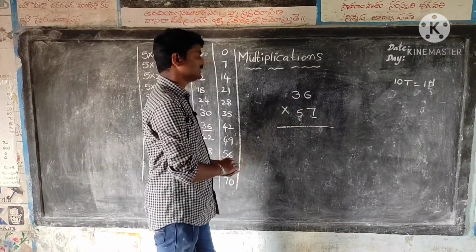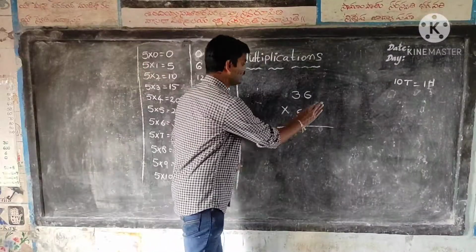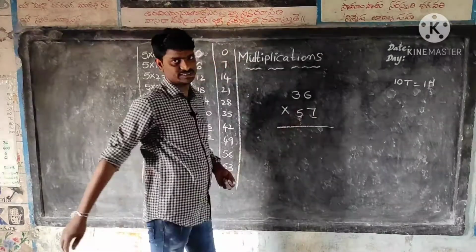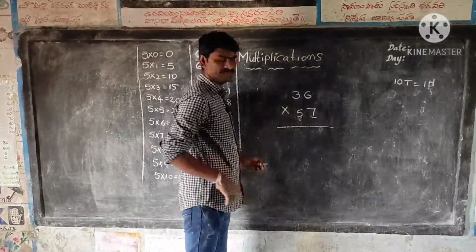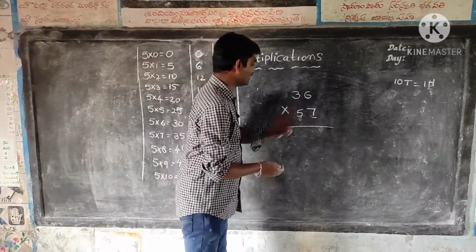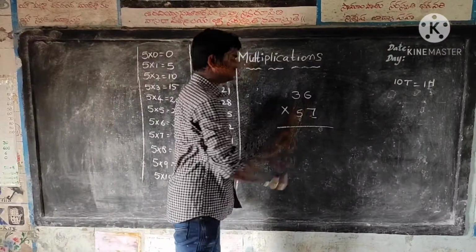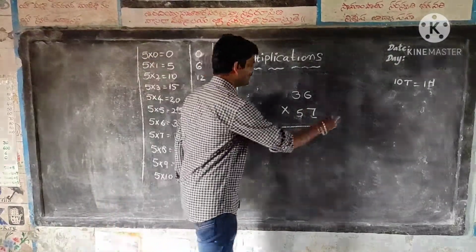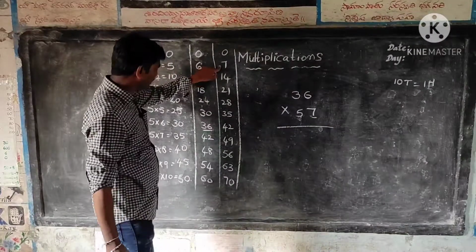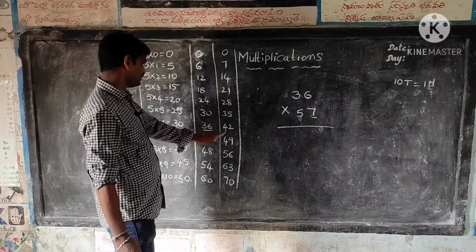Then in the same way you do it with the tens place digit, the number 5. First, 7 sixes are, this is the 7 table, 7 sixes are 42.